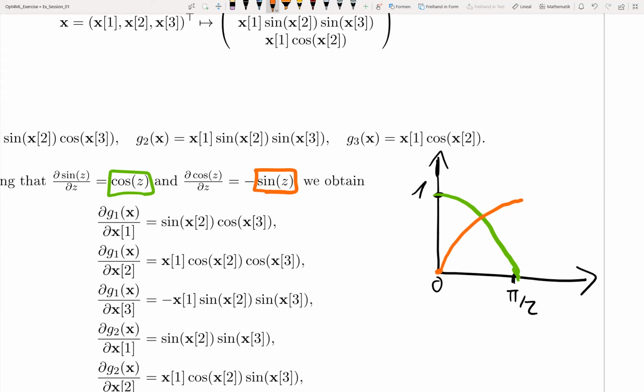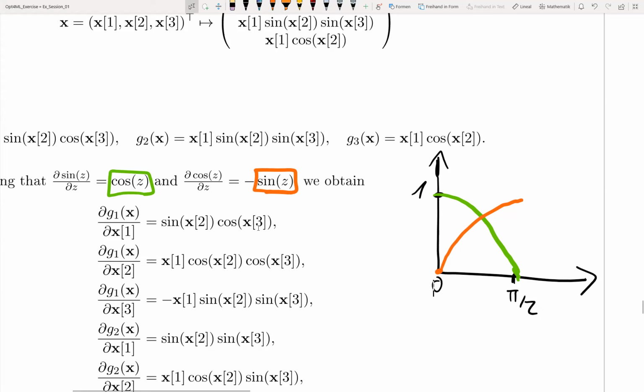But you don't know which. Since cosine is going down but sine is positive on this interval, the derivative of cosine must be minus sine. In the other case, sine is going up, so the slope must be positive, and cosine is also positive on this range, so the derivative of sine is cosine.